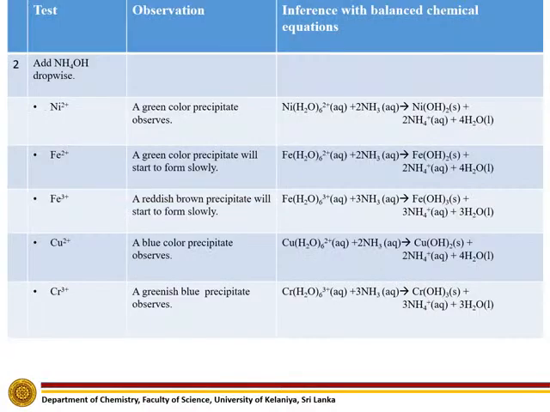Observation and results. When we add ammonium hydroxide dropwise to the following cations, we can see all of them produce their hydroxides as given.